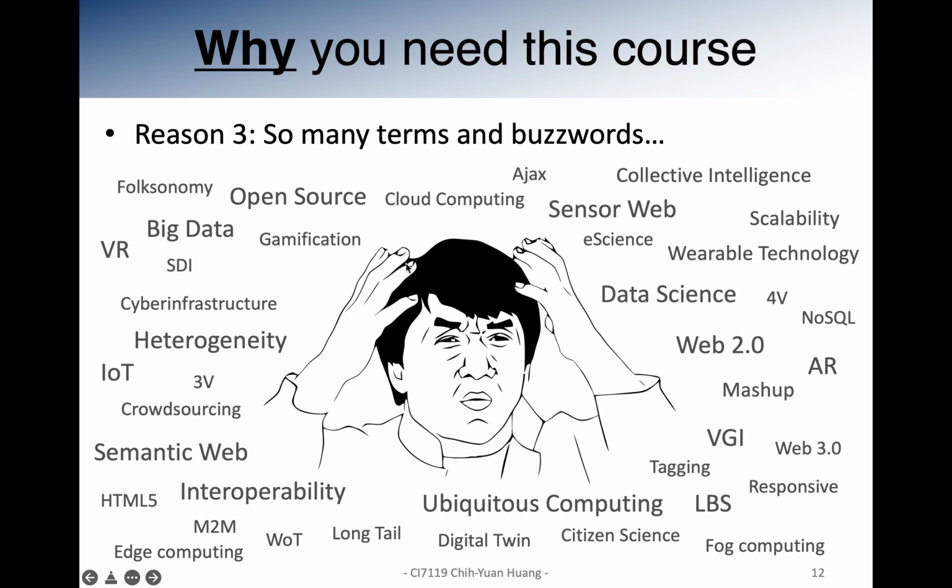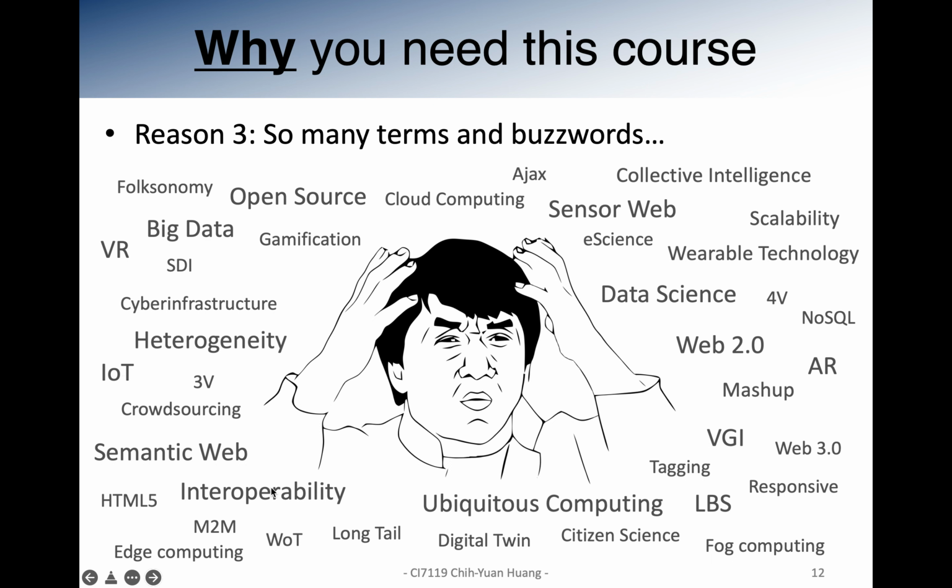For example, big data or heterogeneity, or some easy ones like cloud computing, scalability, data science, AR, VR, and maybe some of you have heard about VGI, Volunteered Geographic Information, and LBS, Location-Based Services, and maybe the semantic web, and of course IoT, which should be very familiar to everyone.